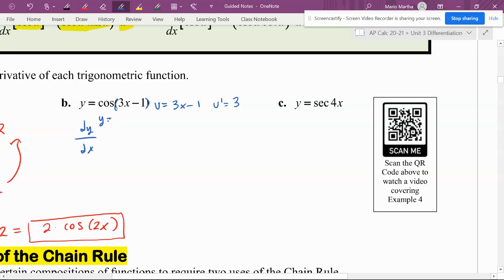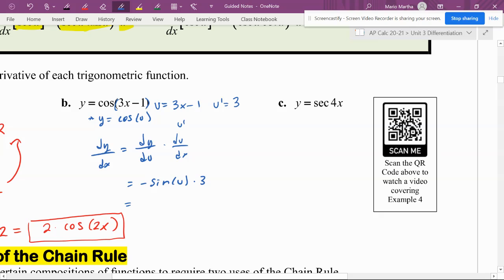So we want to find, again, dy dx. We know y is equal to cosine of u. So dy dx is equal to the derivative of y with respect to u, that would be the derivative of this part right here, times the derivative of u with respect to x, which is, again, u prime. So here we find the derivative of cosine with respect to u, which is negative sine of u, and then times u prime, which is just 3.